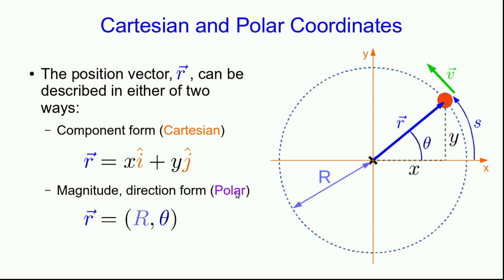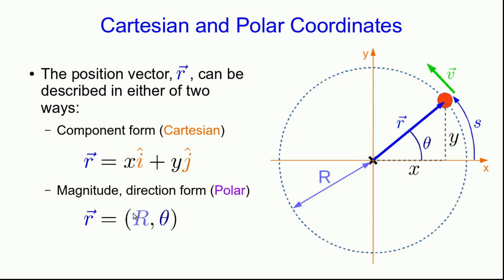Now, throughout most of the rest of the course, component form has been more convenient. But now we're talking about an object going around a circle, so we know that the magnitude of its position vector, if we're defining the origin as the center of the circle, is always the same. It's always just the radius of the circle.